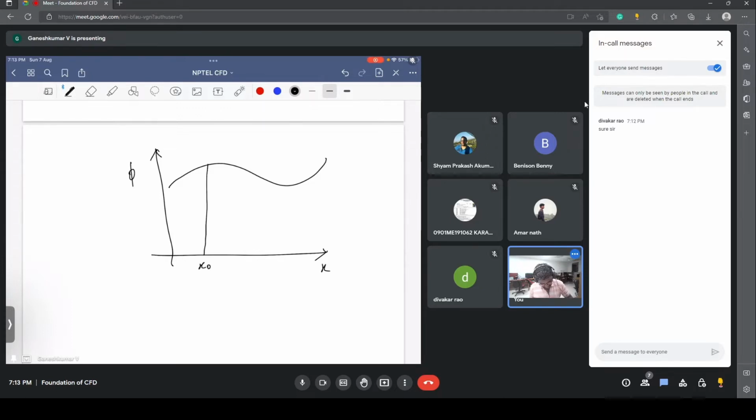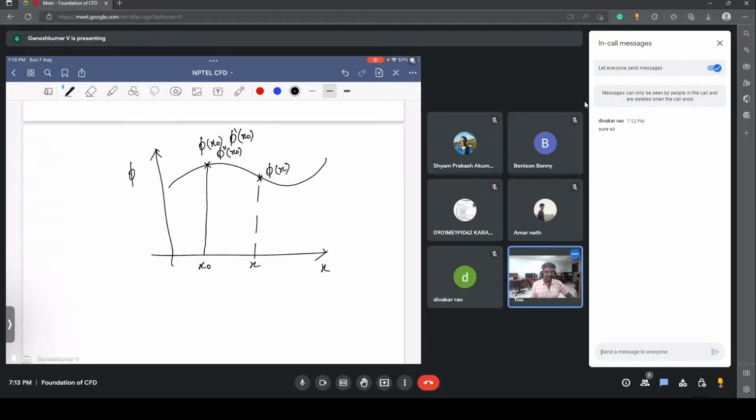At x naught we know phi of x naught, number one, and we also know phi dash of x naught, phi double dash of x naught, and so on and so forth. We know all these derivatives at x naught.